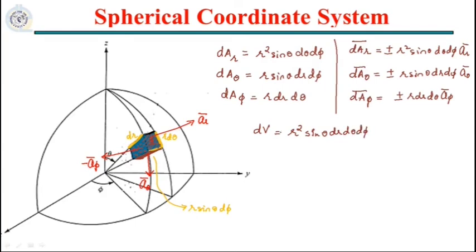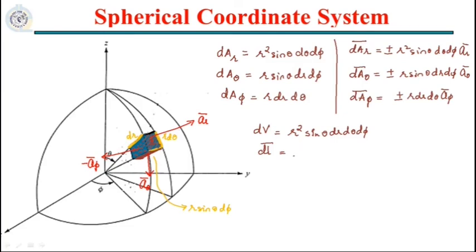Okay, now finally, we have to define the differential length vector. The differential length vector is given by dl bar, and this is the sum of the three lengths along the different unit vectors.